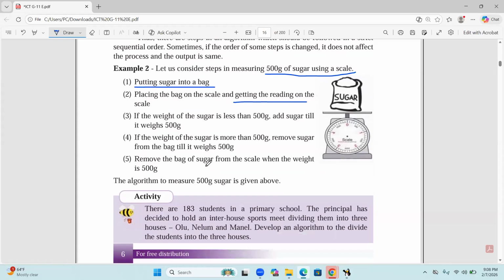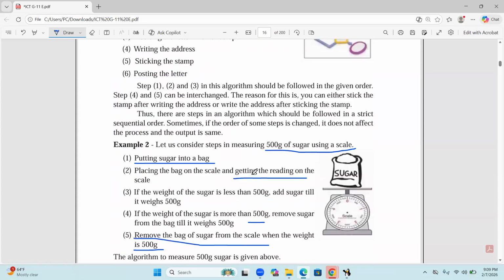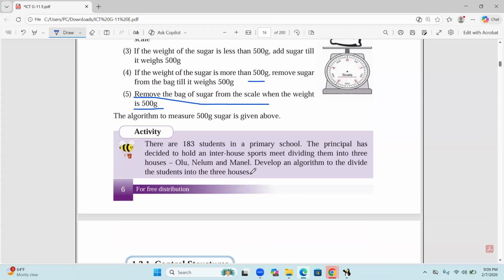If the weight of the sugar is more than 500 gram, remove sugar from the bag till it is 500 gram. Remove the bag of sugar from the scale when the weight is 500 gram. You repeat the process until then. So this is what is called an algorithm in programming. It's clear, no?